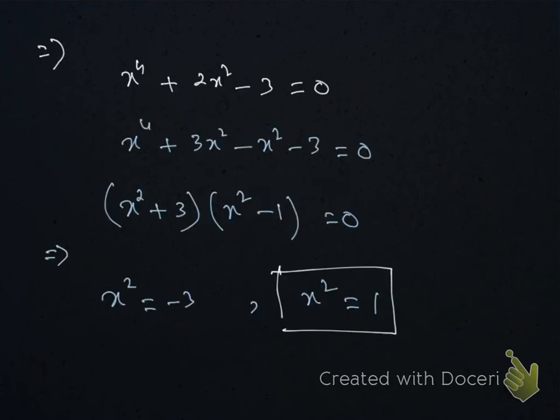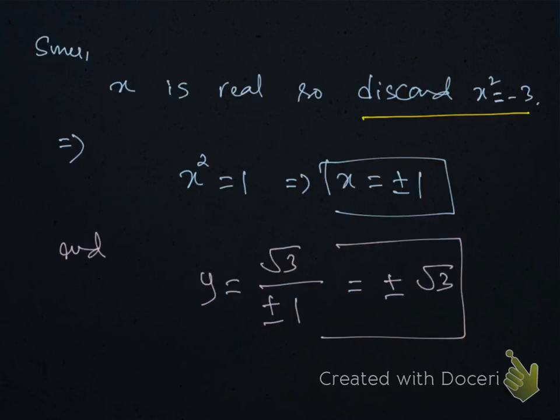By breaking the middle term, we have two values of x. This is the right value of x. x square is equal to 1, this value. Since x is real, this value will be rejected. Discard x square equals minus 3.